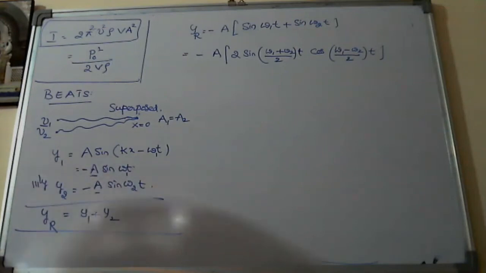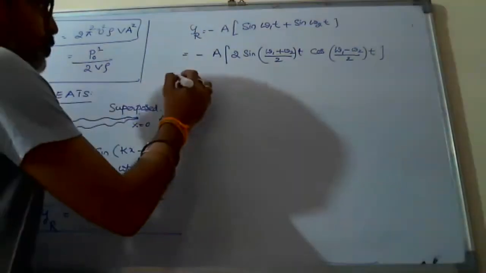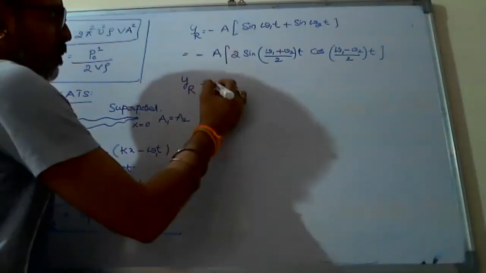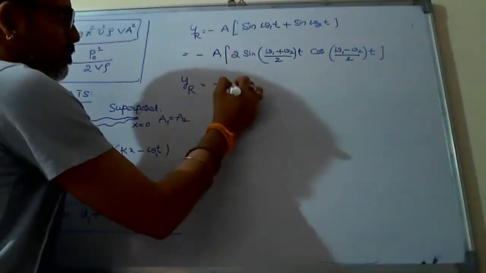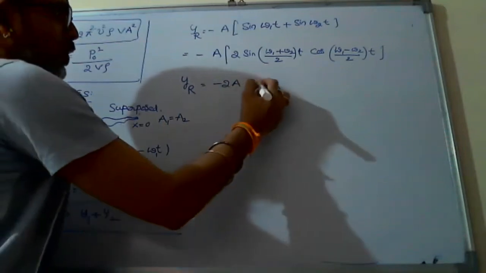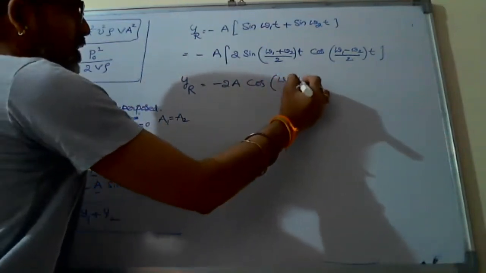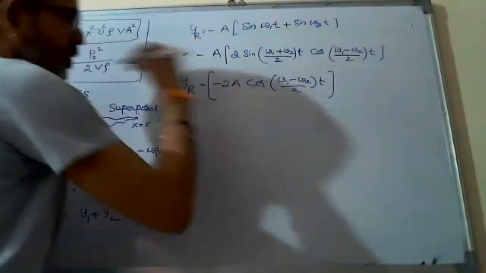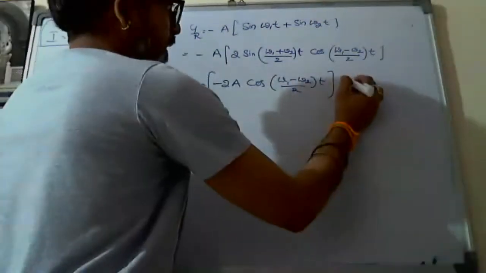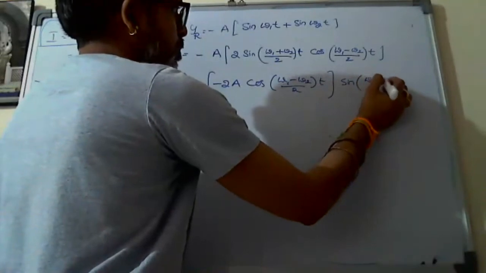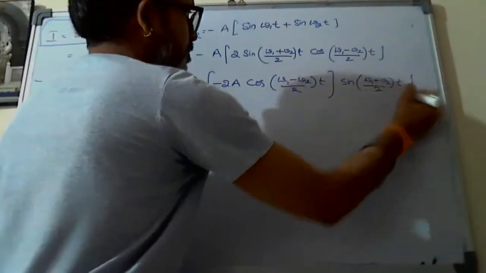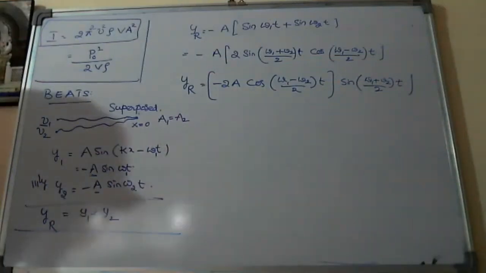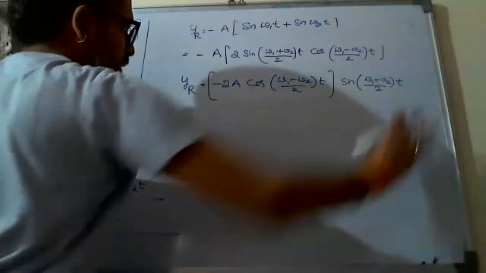In this equation, the resultant wave appears like minus 2A into cos((ω1 − ω2)/2 × t), whole into sin((ω1 + ω2)/2 × t).